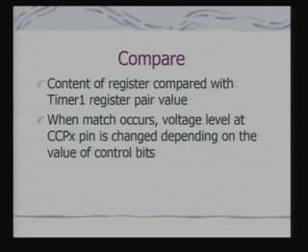The interesting feature here is that you can also generate external signals through this process. Not only can I match and reset my timer, I can also generate an external signal to control an external device. So the CCP module in that way is distinct from other kinds of peripherals which you commonly encounter.